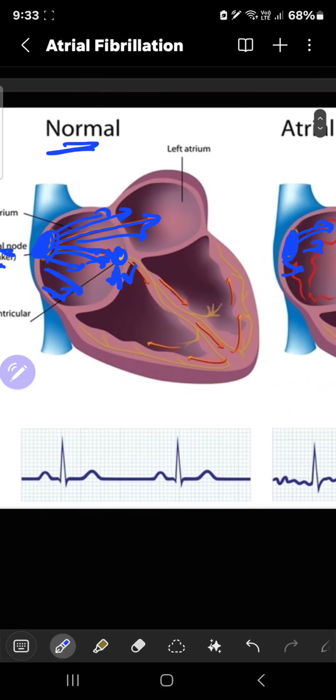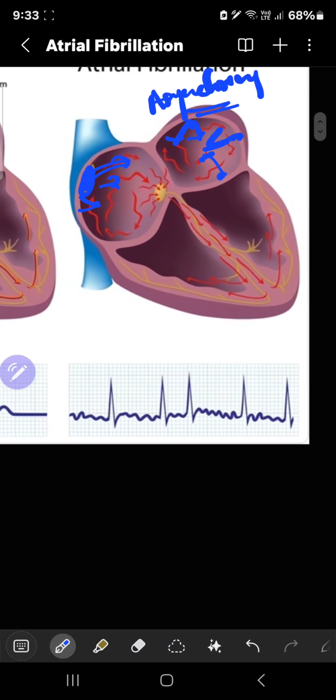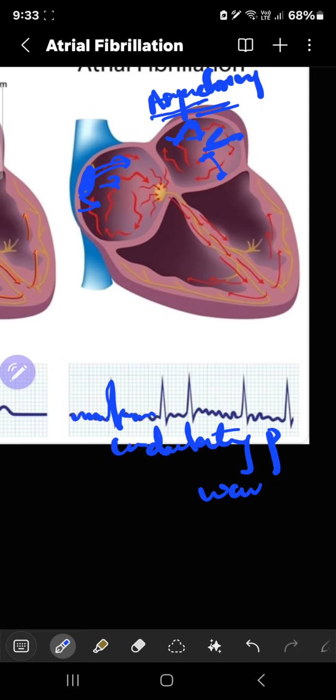In the normal ECG you can see the P wave. The P wave is actually the atrial contraction, followed by QRS and then the T wave, and again the same. In atrial fibrillation, because of the asynchrony, you can see multiple small P waves and QRS, and this is called an undulating P wave.